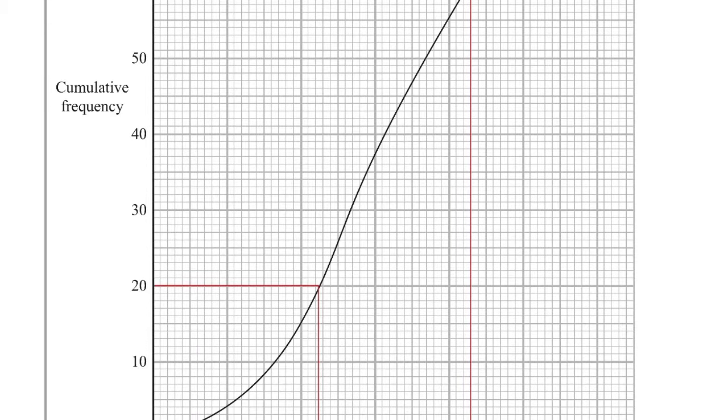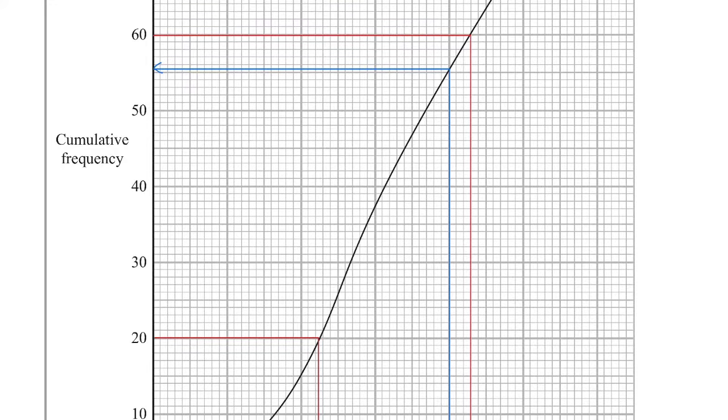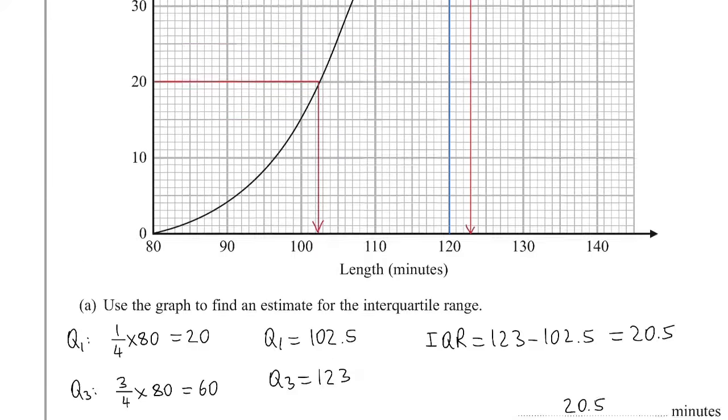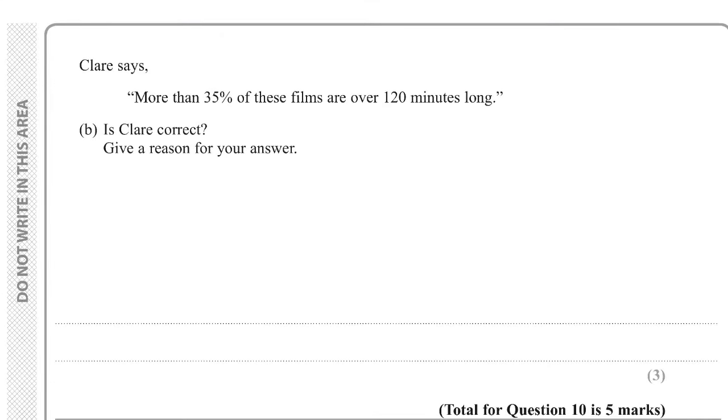So 120 is here, going to the left to read off the value. This value here is 55.5. So 55.5, that's an estimate, films are less than 120 minutes long.